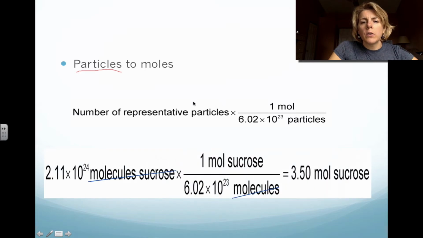And notice you're just flipping the conversion factor over. And then when you apply it, so here we have table sugar again, and this person supposedly actually counted all of the molecules within the sucrose. And they essentially used that same conversion factor, they just flipped it. So notice that molecules cancel out and we're left with moles.